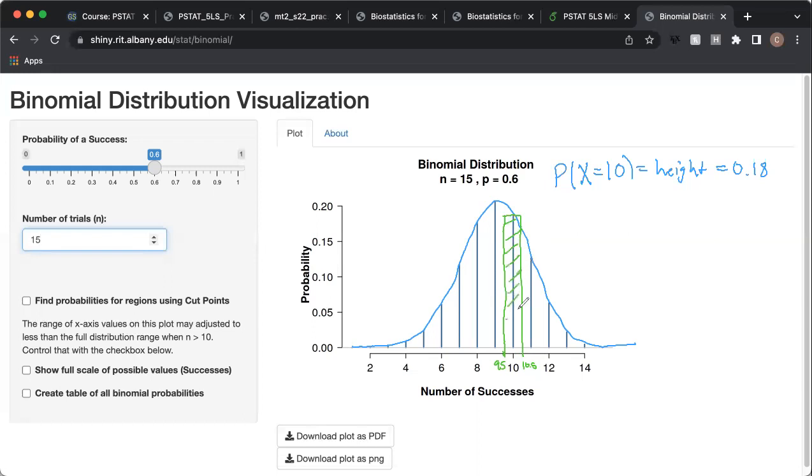The height, we've just constructed it to have the same height of 0.18, and the base is 10.5 minus 9.5. The base is 1. So 0.18 times 1, this area is equal to 0.18, which is equal to the probability that x equals 10, where x is this binomial distribution with n trials and probability of success 0.6.